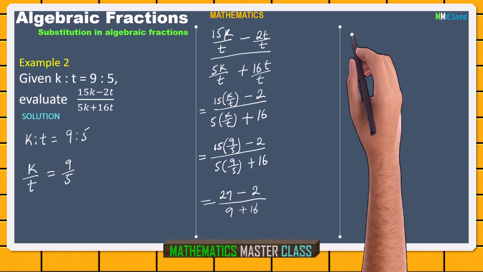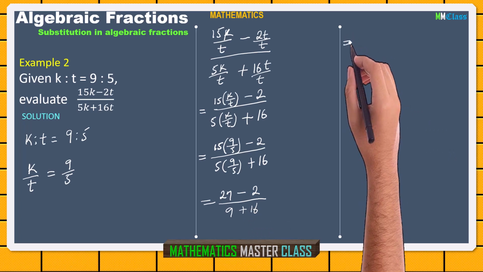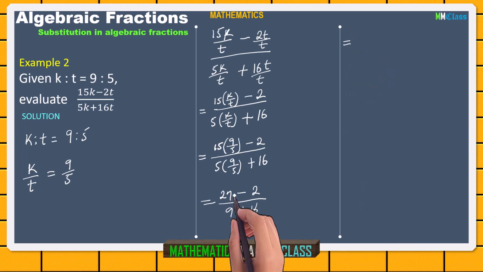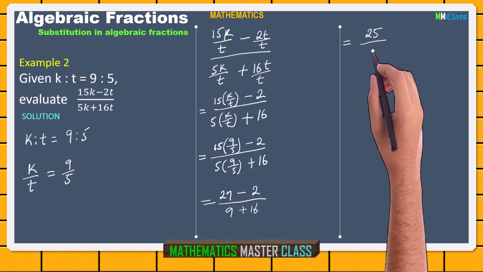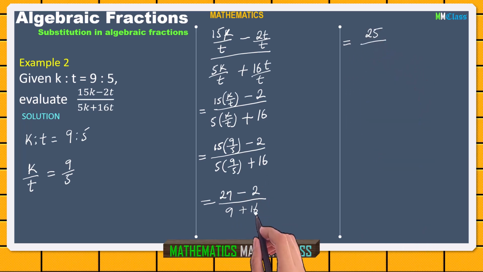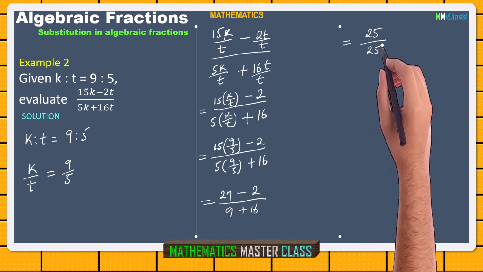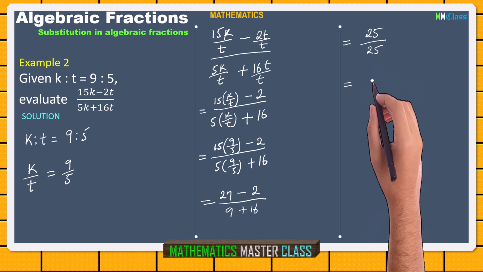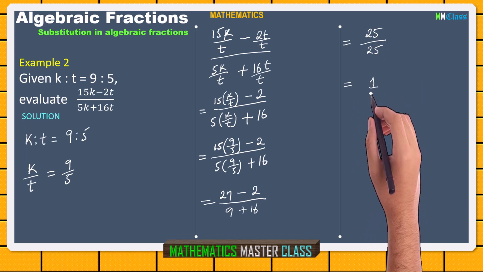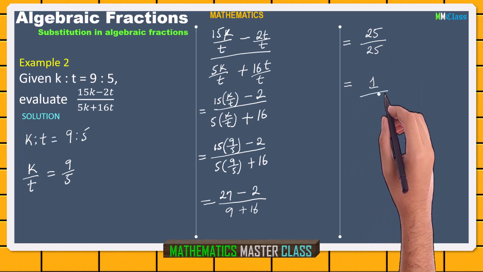So this will be equal to 9 minus 2 which gives us 7 all over 9 plus 16 which gives us 25. So the final answer to this one is 7 over 25.